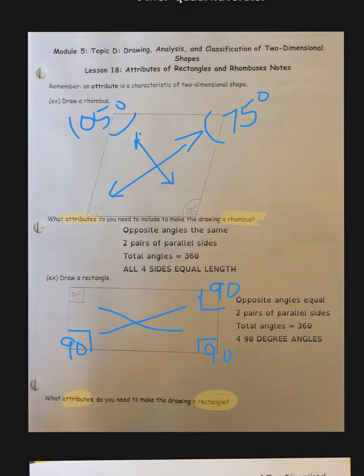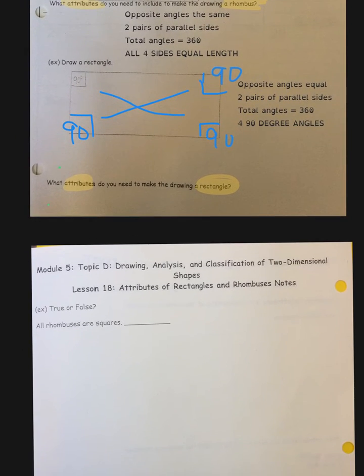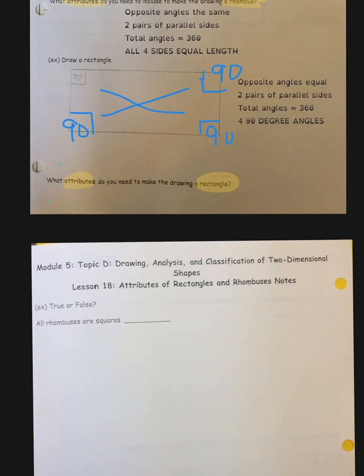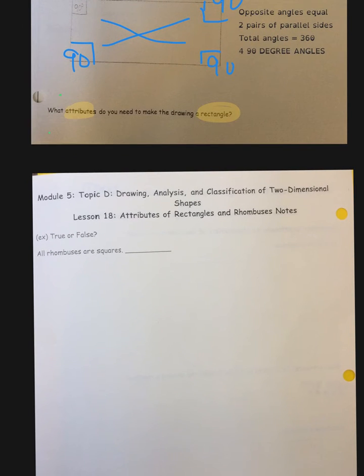All right. If you flip your paper over, we have a true or false question. Are all rhombuses squares? Well, let's draw a square. So here's my square, hopefully. Oh, nope, that's an arrow. Just kidding.